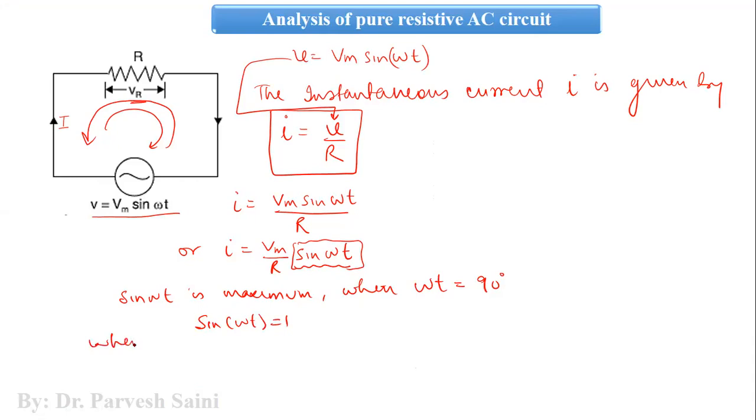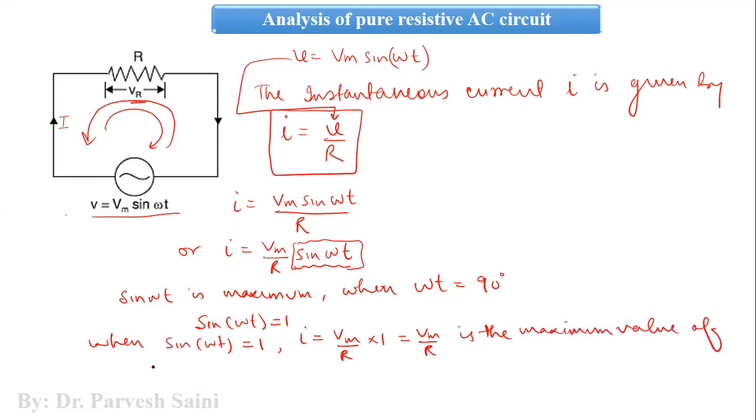So when sine omega t is equal to 1, I is equal to Vm by R into 1, that is Vm by R, which is the maximum value of the current. That means when omega t is equal to 90 degrees, sine omega t is equal to 1, at that point of time, this current is the maximum in the circuit. So that means Im is equal to Vm by R.